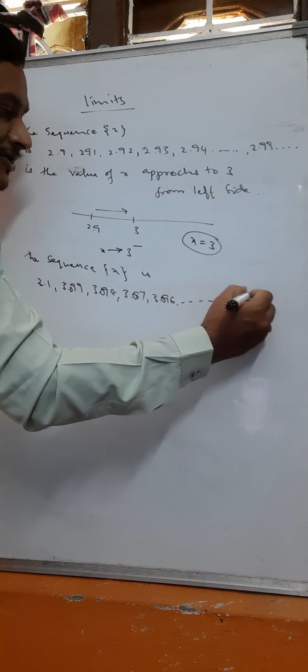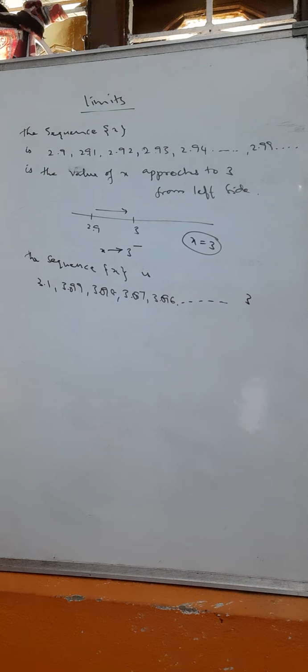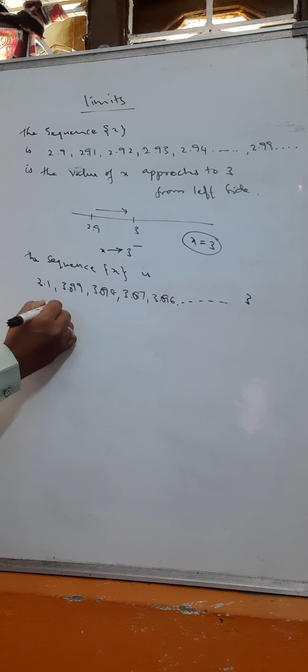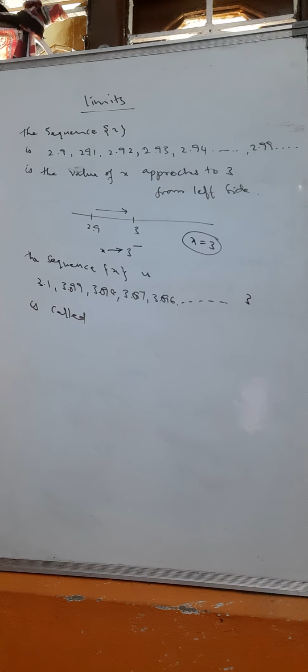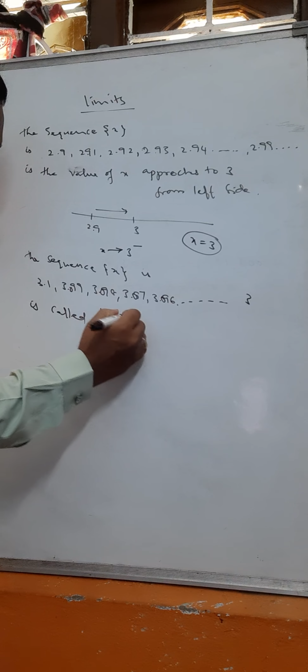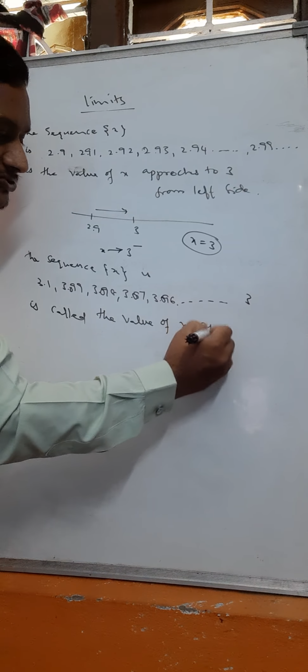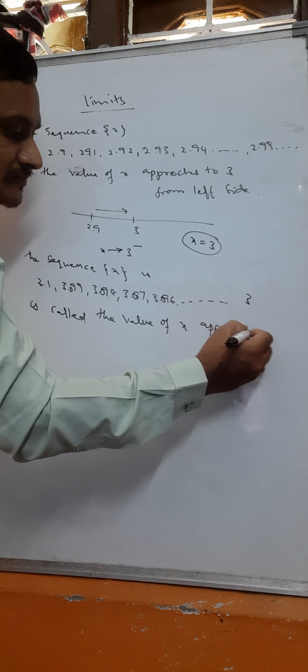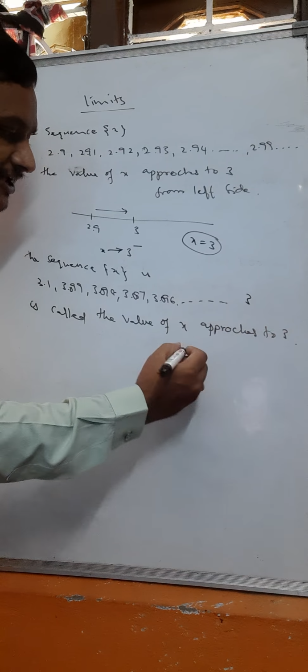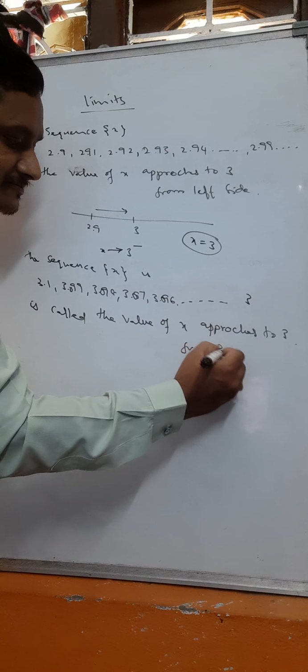If you continue, it approaches 3. So this is called the value of x approaches 3 from right side.